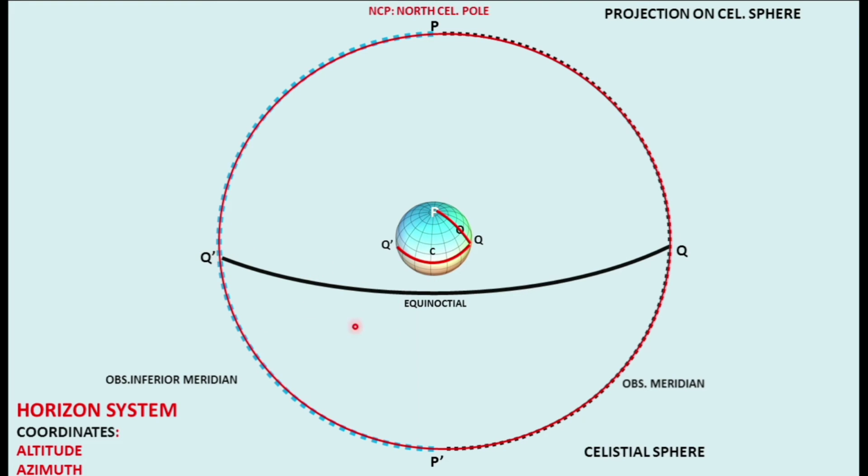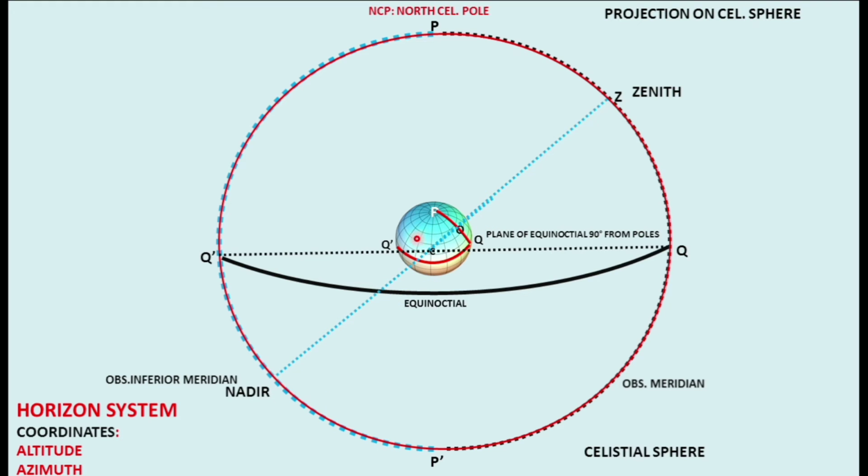The equator projected on the celestial sphere is the equinoctial. Now, if I draw a line from the center of the Earth through the observer, wherever it meets the celestial sphere, we call it the zenith. Zenith is the point right overhead the observer, and the point 180 degrees opposite, we refer to as nadir. Nadir is not used much in navigation.